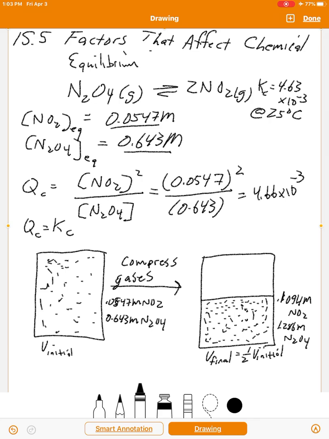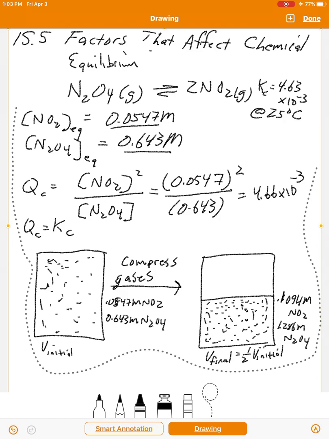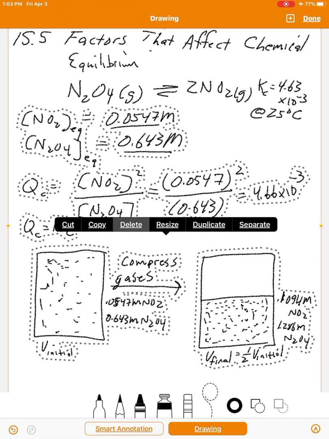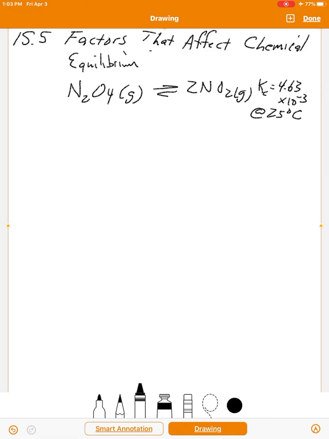If they do, we're still at equilibrium. But if they give us something significantly different, then we're not at equilibrium. So here's what we're going to do. We're going to use these new concentrations to calculate whether we're at equilibrium.